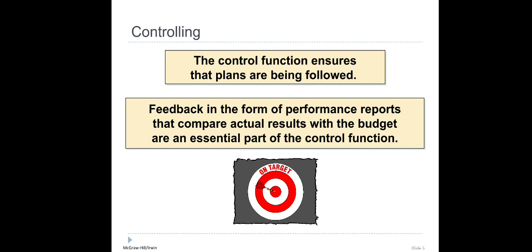When there is a significant or big unfavorable difference, then as a manager, he has to investigate, and then he has to do correction to make sure that next month or next time his department or his branch will perform better than the budget, or at least meet the budget.